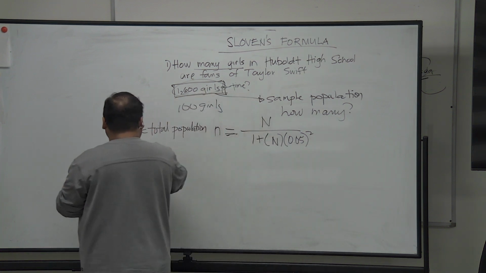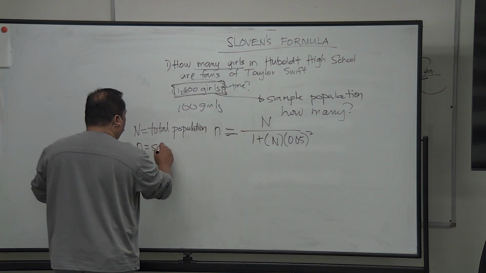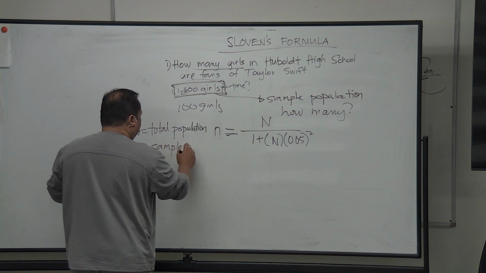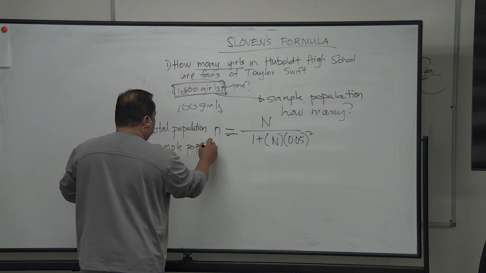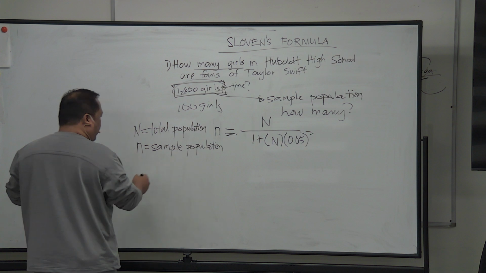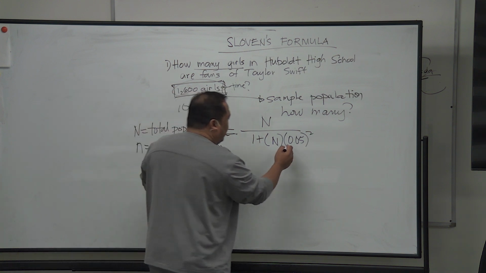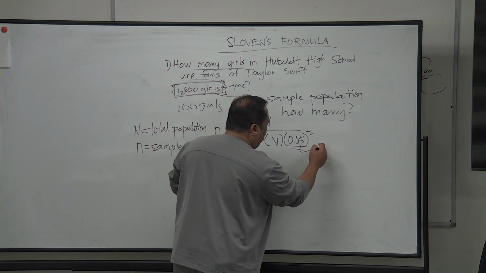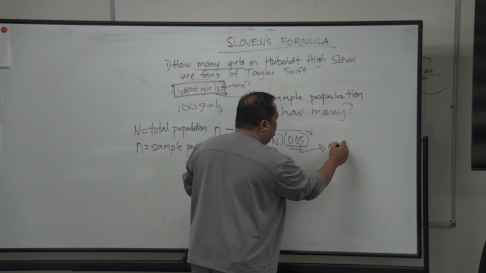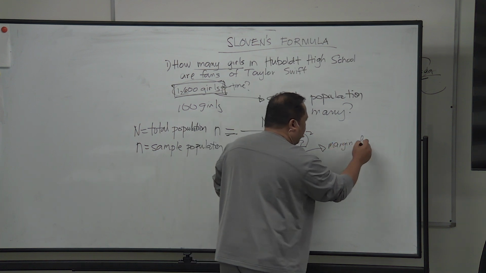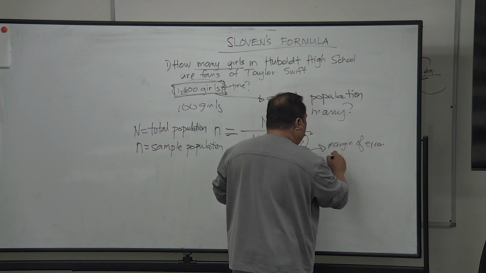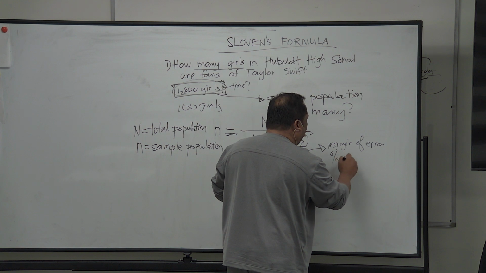The small n will be your sample population. This one, we call the margin of error, meaning the percentage of error.